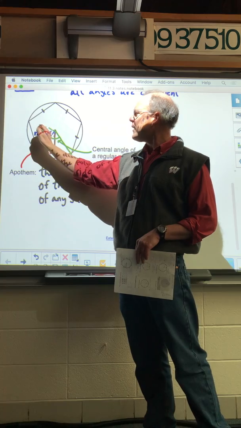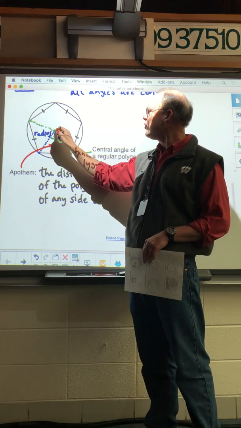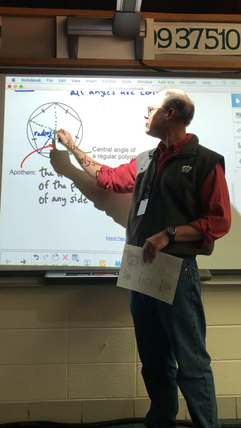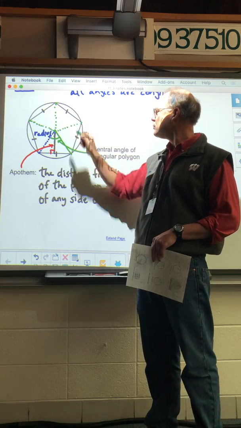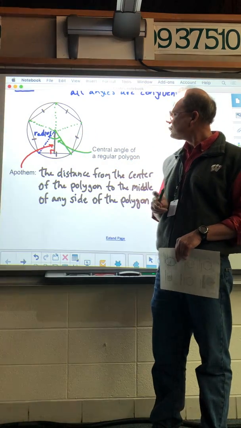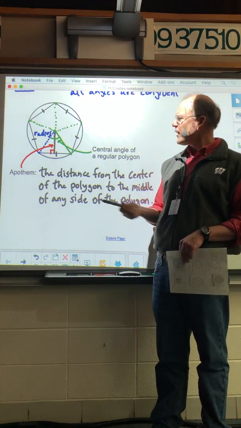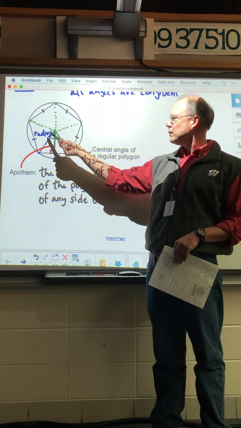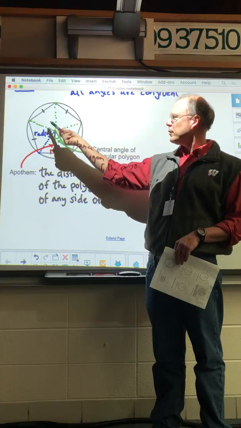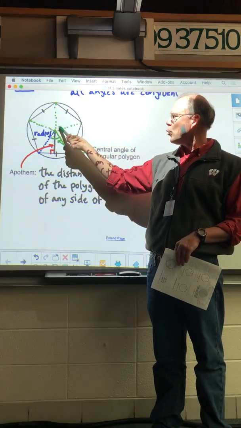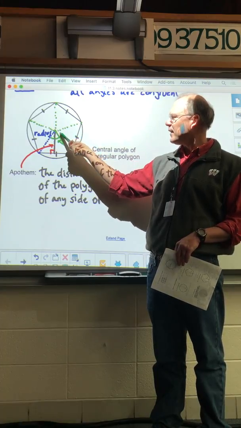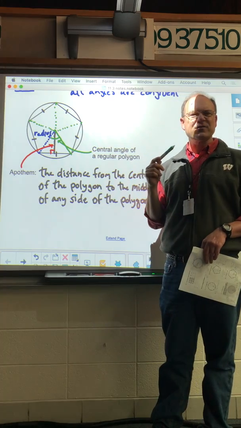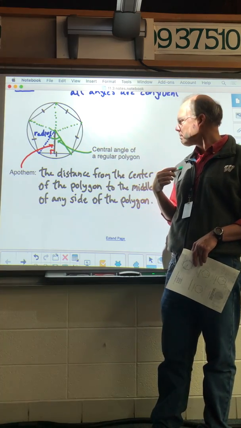So if I do a radius out to each corner, how many central angles are there? Let's count them up. 1, 2, 3, 4, 5. There's 5 central angles, right?